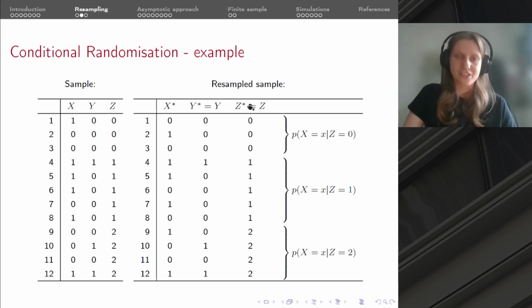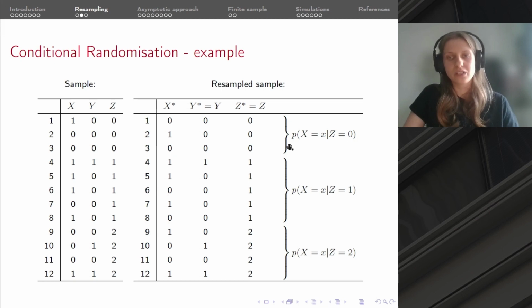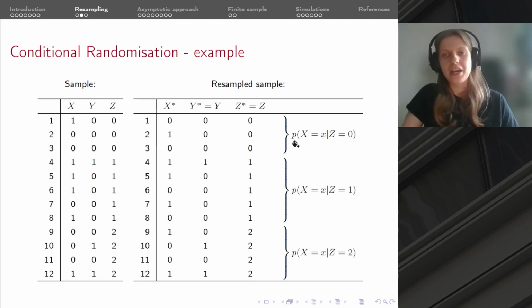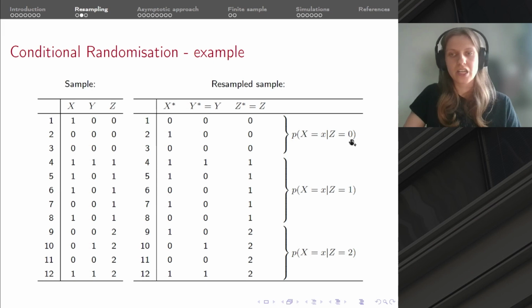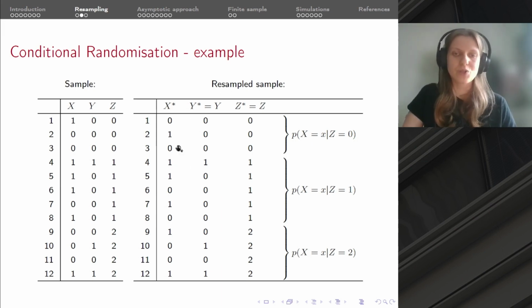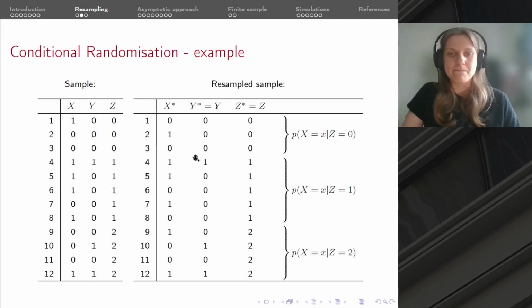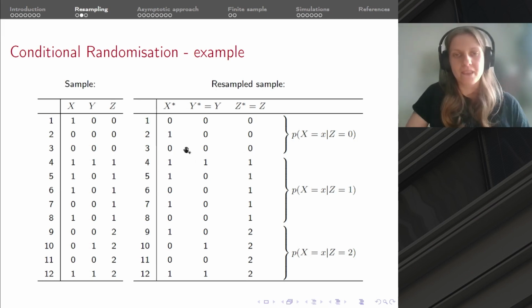For each layer of Z, so for example here Z equal to 0, we sample X star from the conditional distribution P(X given Z equals 0). We assume that we know the distribution, and using that, we can sample X star for each Z separately and independently.